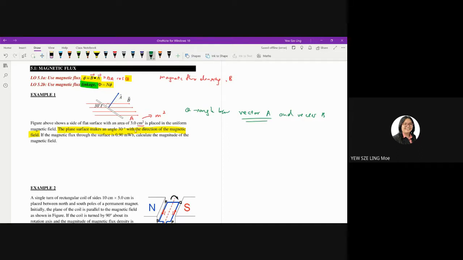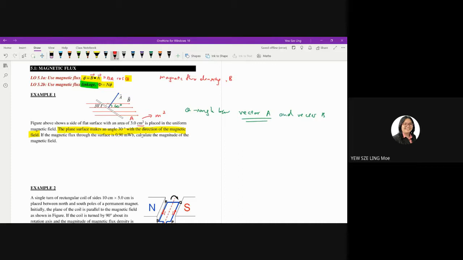If you are given that the plane and the field make an angle of 30 degrees, it means that the angle between vector A and vector B is actually 60 degrees. So remember, be extra careful with the angle.